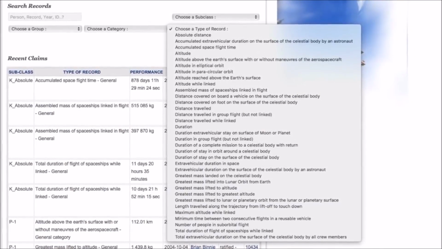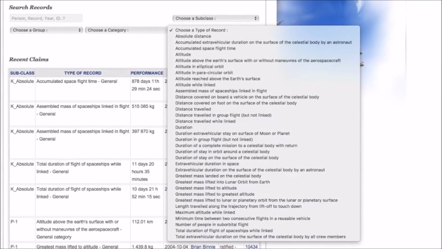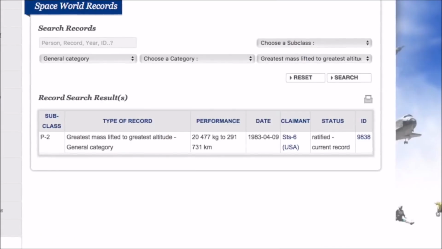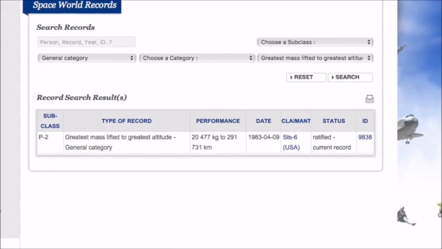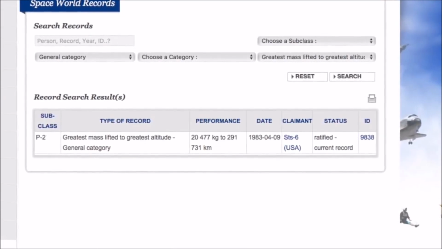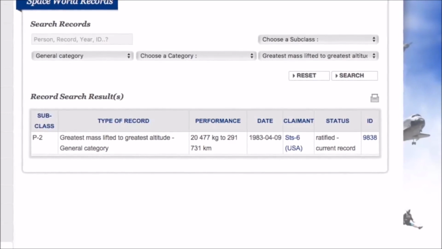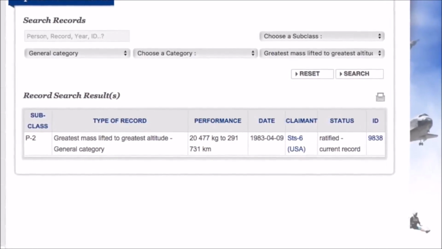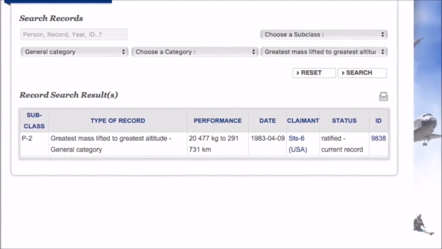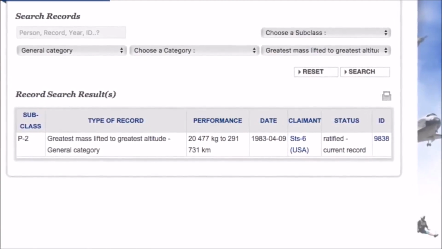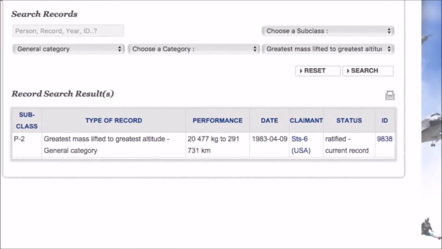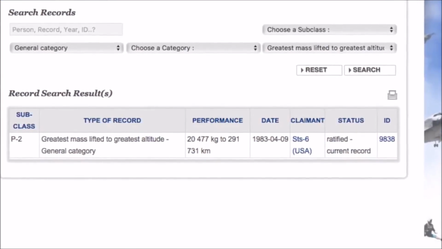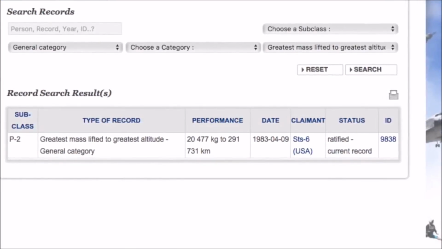So I decided to click on the selection that says greatest mass lifted to greatest altitude. I automatically and logically assumed that STS was one of the greatest mass, if not the greatest mass, lifted to greatest altitude of 330 miles, and there's nothing in the database.